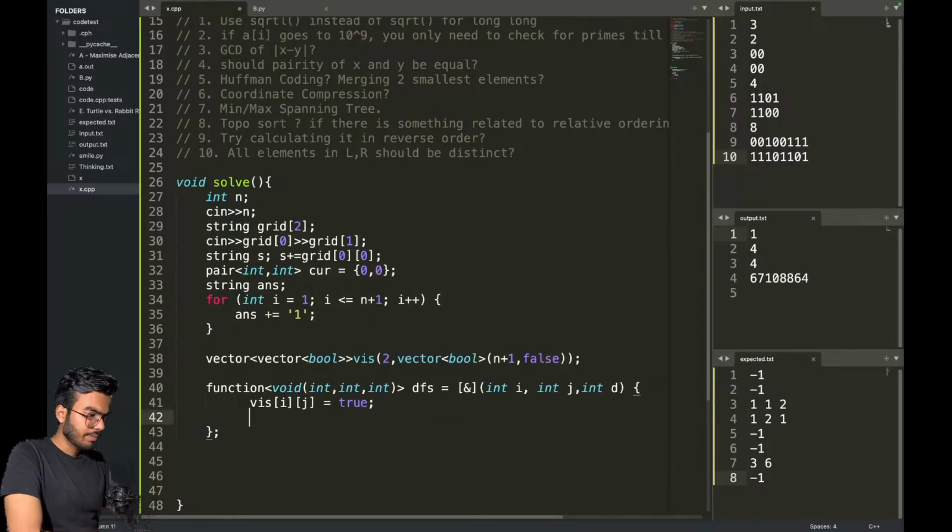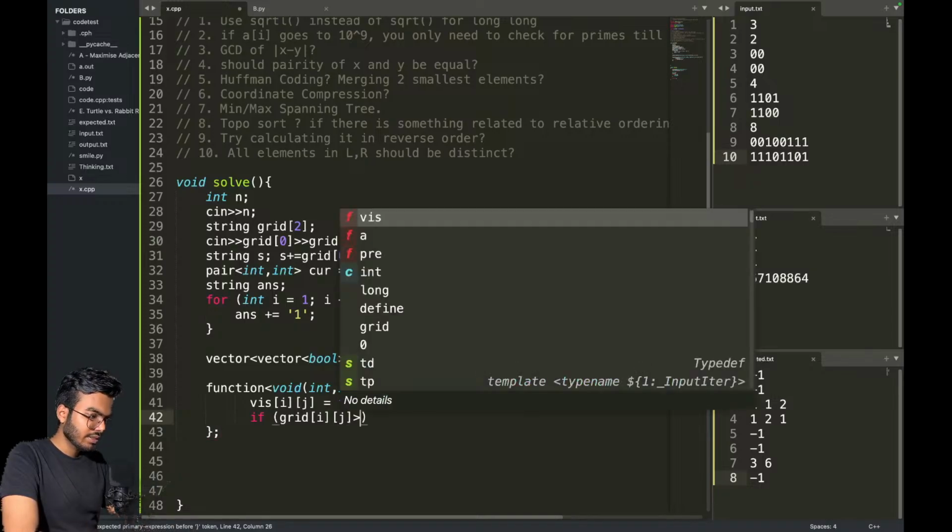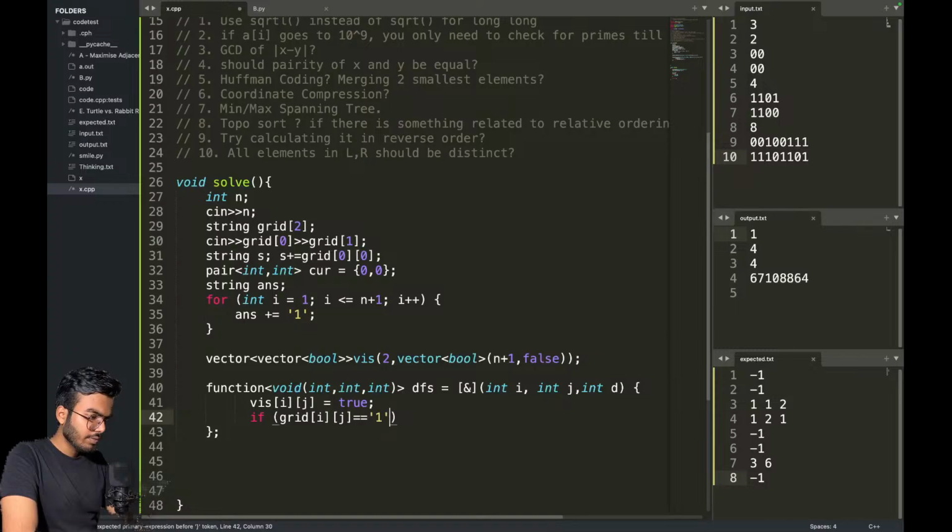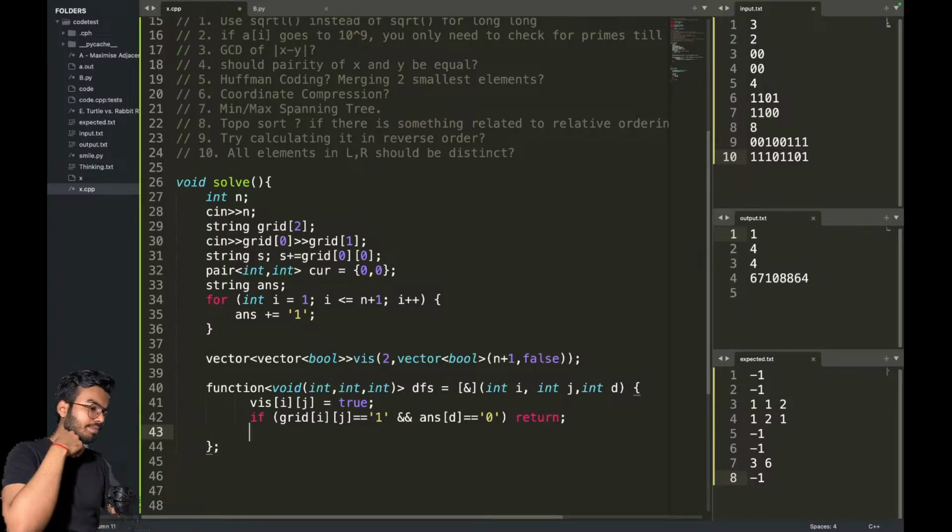So if grid of i, j is a 1 and in the answer I have a 0 at d, I will say return. So I don't need to do anything about it now. Otherwise, I will try to go left or right.